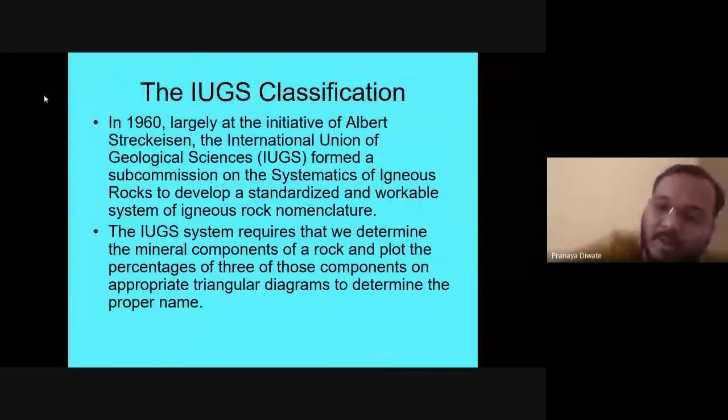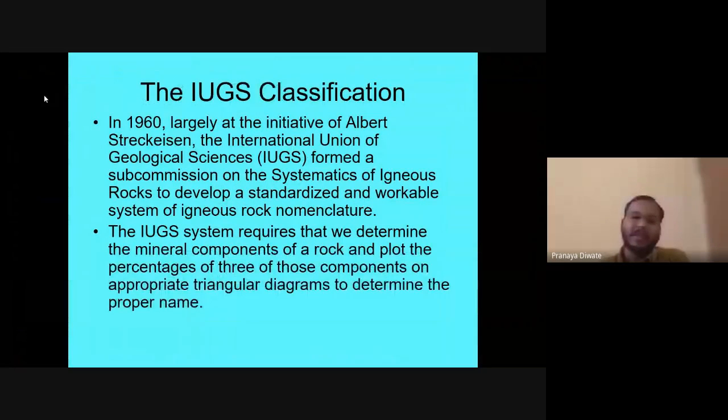Now for this classification, we will use the IUGS classification.